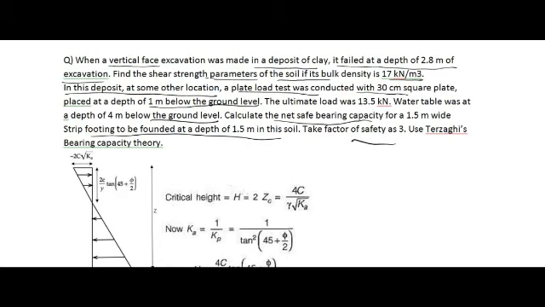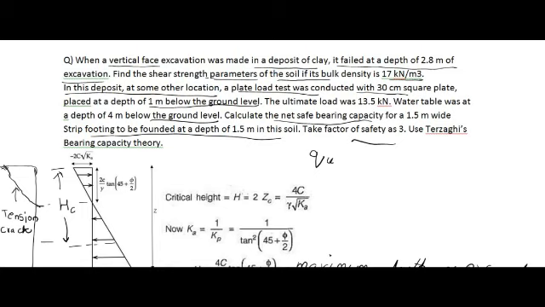So what we need to calculate is the net safe bearing capacity. First we have to find the ultimate bearing capacity of soil, Qu. From that we will find Q net ultimate, from that we can find the Q net safe bearing capacity, and after that from that we can find the Q safe.